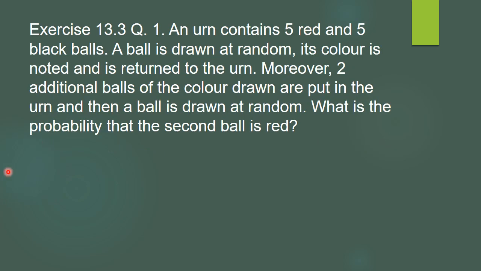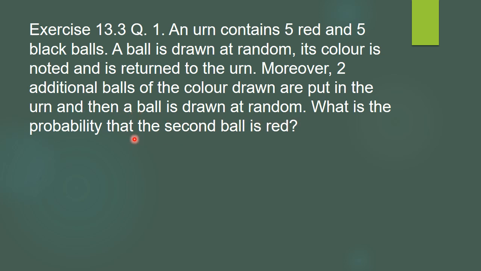Now we'll solve exercise 13.3, first question. An urn consists of 5 red and 5 black balls. A ball is drawn at random and its color is noted and it is returned to the urn. Moreover, 2 additional balls of the color drawn are put in the urn, and then a ball is drawn at random.